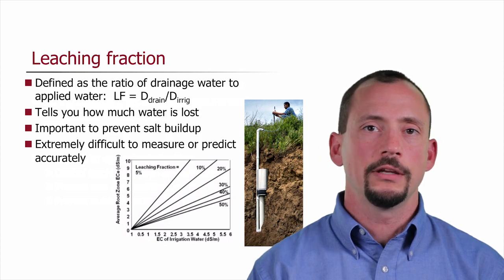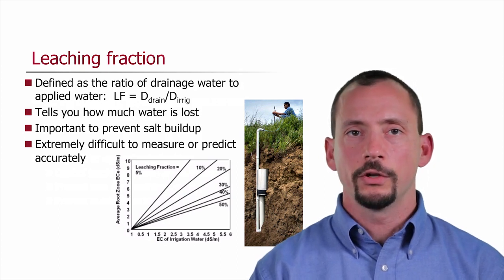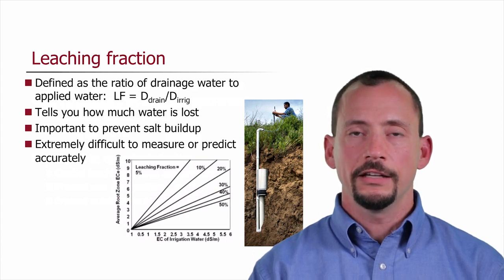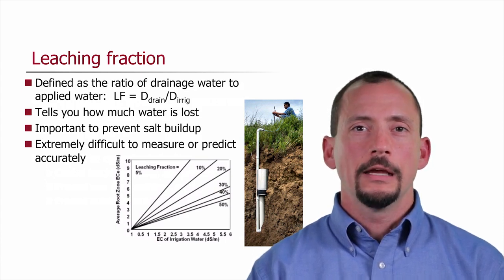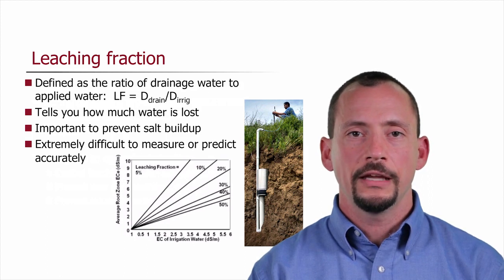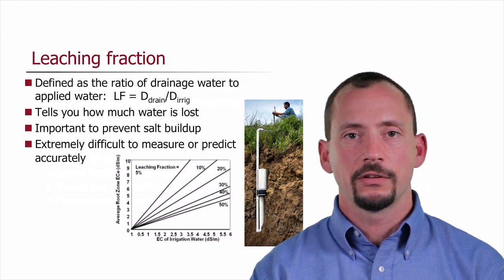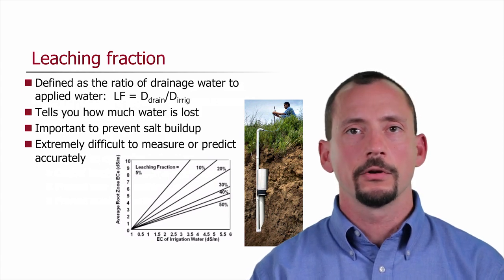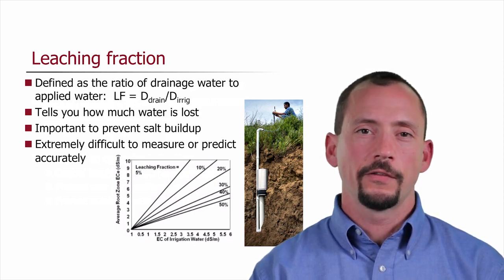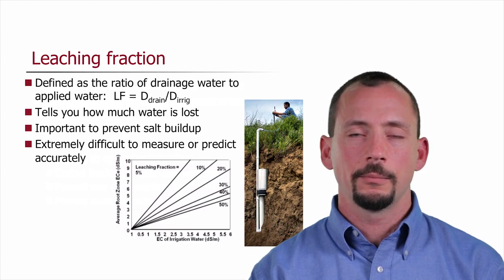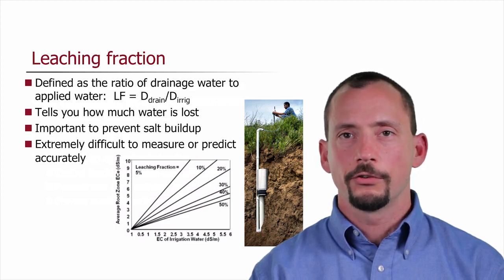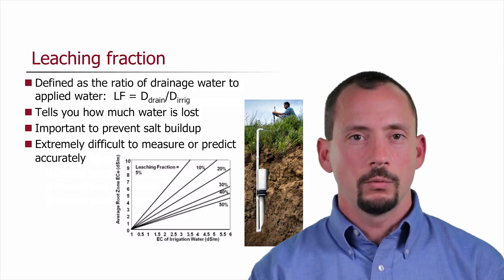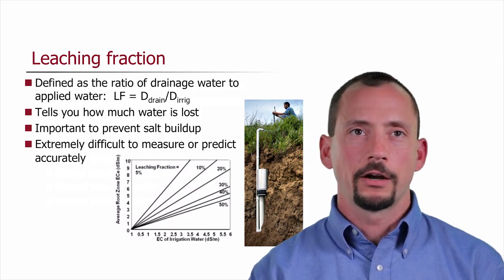So if you know the EC of the irrigation water and your target EC in the root zone, then you know what leaching fraction you want to shoot for. But getting good information about that leaching fraction has typically been very difficult. You can use instruments like lysimeters or the drain gauge that you see on the right, but those are over a very small surface area and relatively expensive to use. So we would like a better way to get at our leaching fraction.